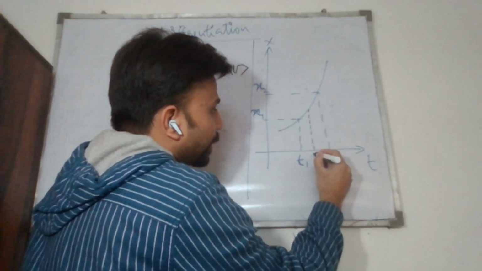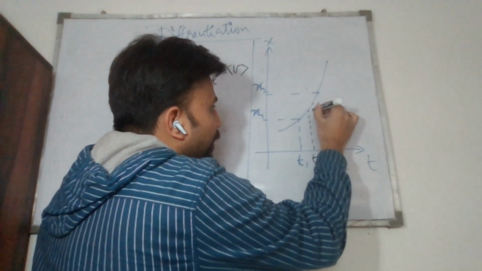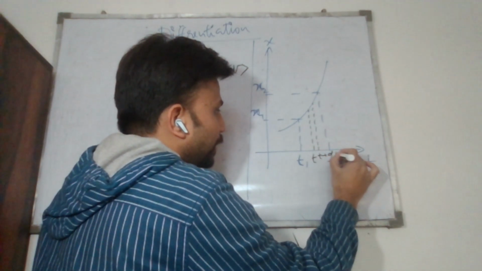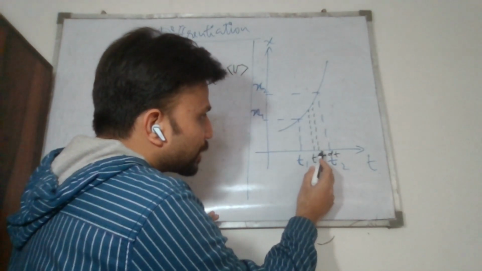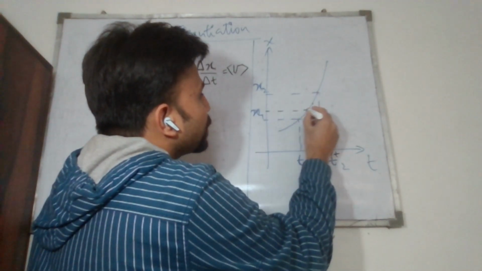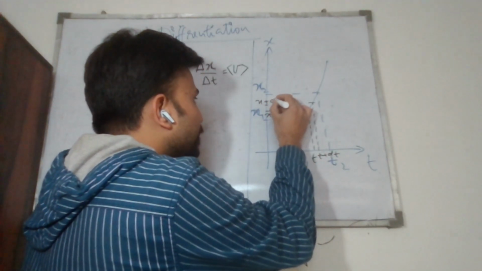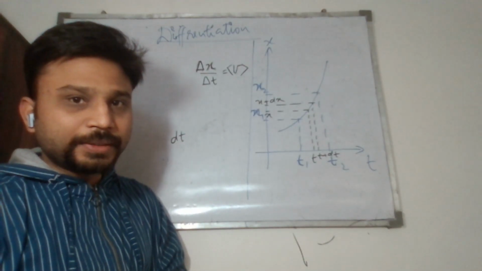Okay, at some time t, here I'm increasing the time by this dt instant. So when I increase the time by this dt instant, I would say the position has changed from x to x plus dx. Right.